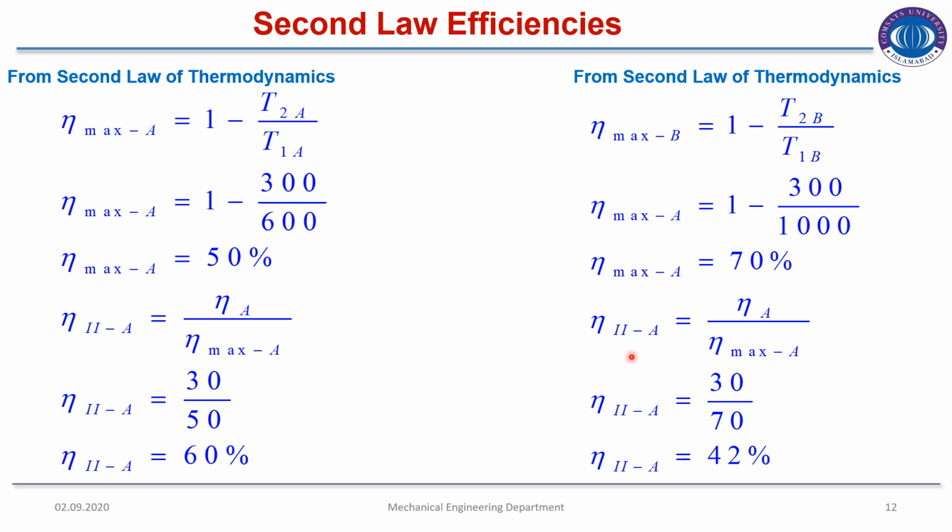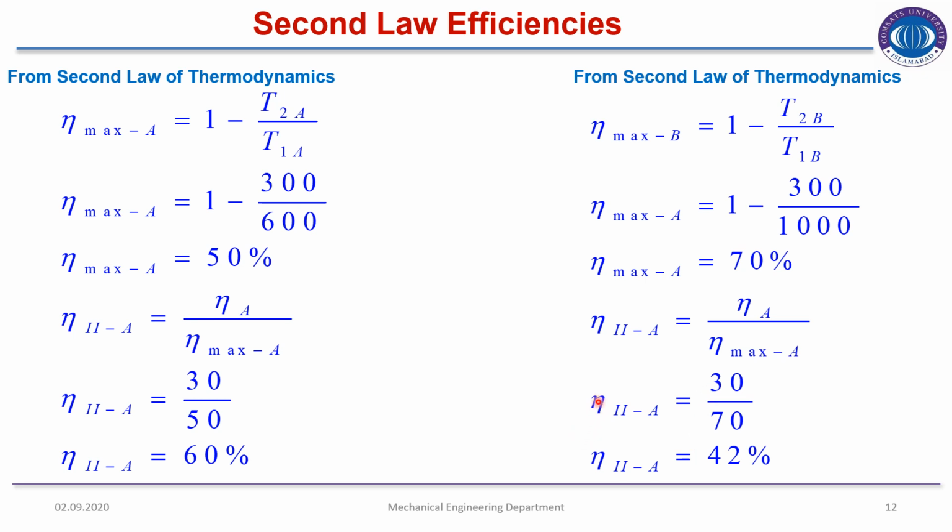Now to calculate the second law efficiency for heat engine B, we have the relation: efficiency of B divided by maximum efficiency of B. So 30% is the thermal efficiency that we calculated according to the first law of thermodynamics, and 70% is the efficiency that we calculated according to the second law of thermodynamics, considering that heat engine B is a reversible heat engine.